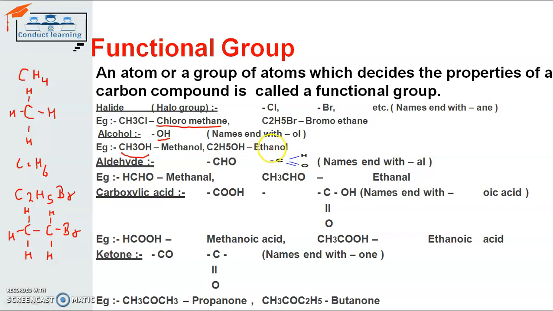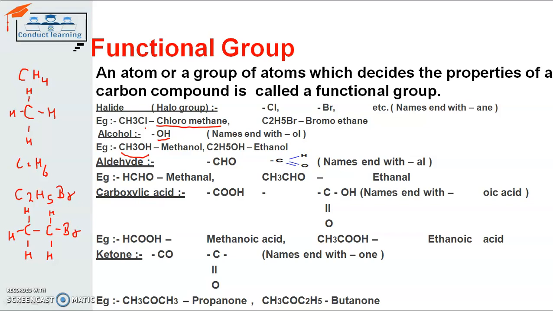So all of this comes on the suffix side when we have to name it, like ethanol. The OH group also comes on the suffix side, so methanol or ethanol. But as we saw in the previous example of halides, chloro and bromo both come on the prefix side, whereas in the chemical formula both come on the suffix side.